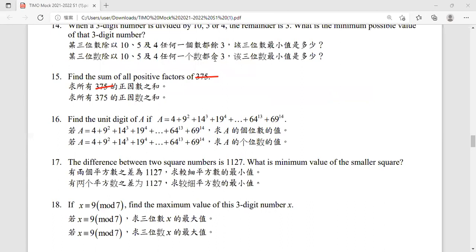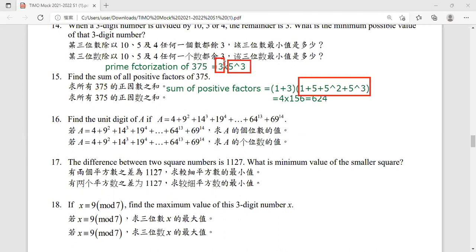Yes. What is the method? The answer is 624. You got it right. Okay, this I talk about it. But next, I give you another number.